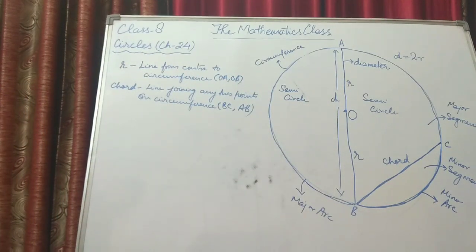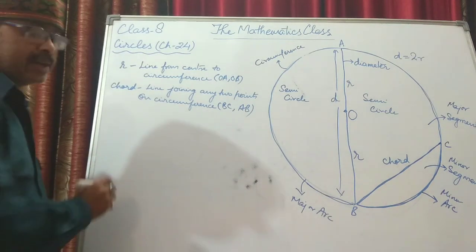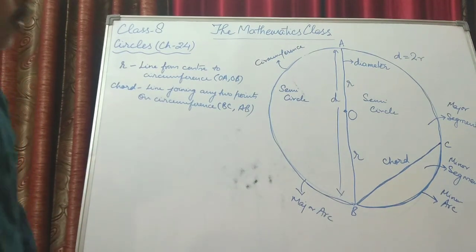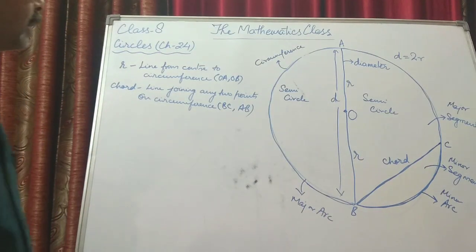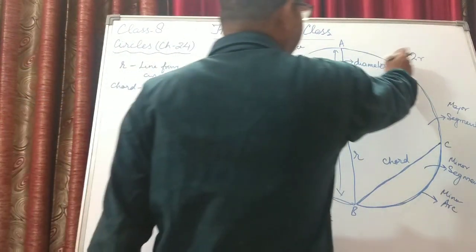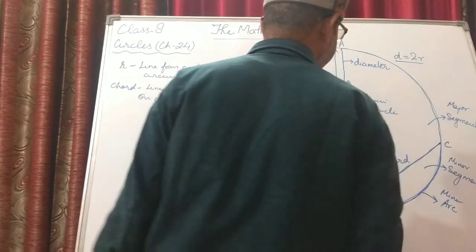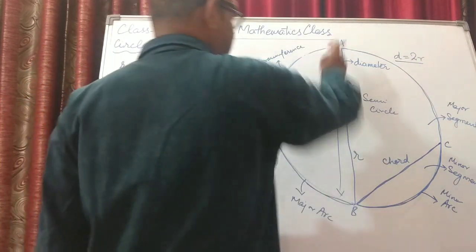Then we have diameter. The diameter has already been explained. A chord that passes through the center is known as diameter and it is denoted by small d. Its value is 2 times the radius. In this the diameter is AB.